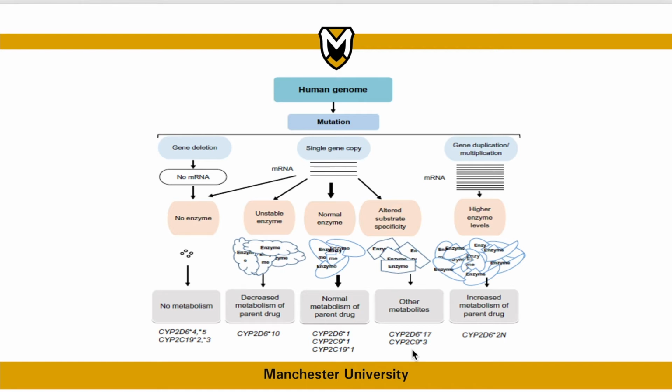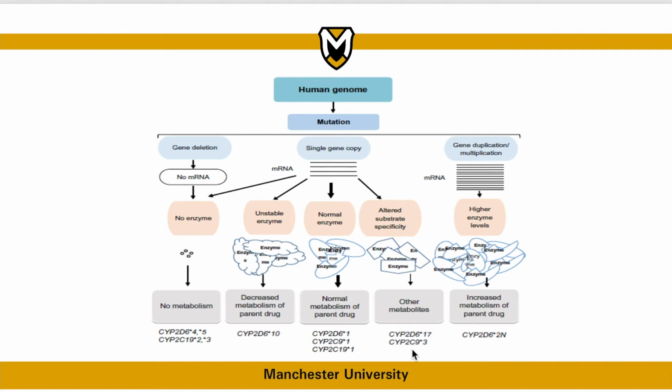You can also have unstable enzymes or altered substrate specificity, which means you could have varying levels of enzymes, which can lead to decreased metabolism of the parent drug, or maybe a little bit faster metabolism. You can also have a gene deletion, which means you have no mRNA transcripts, leading to no enzyme and no metabolism of the medication.